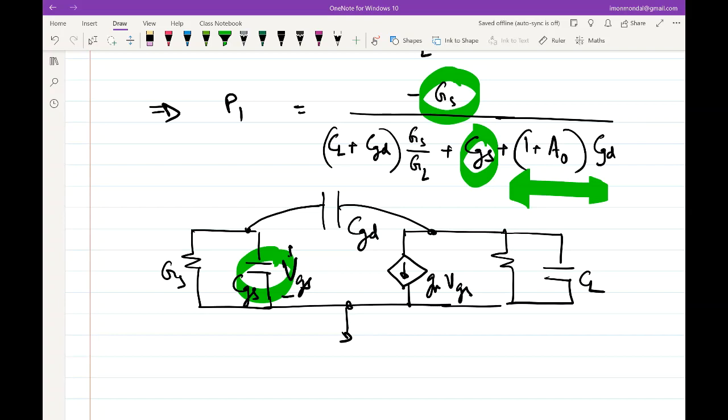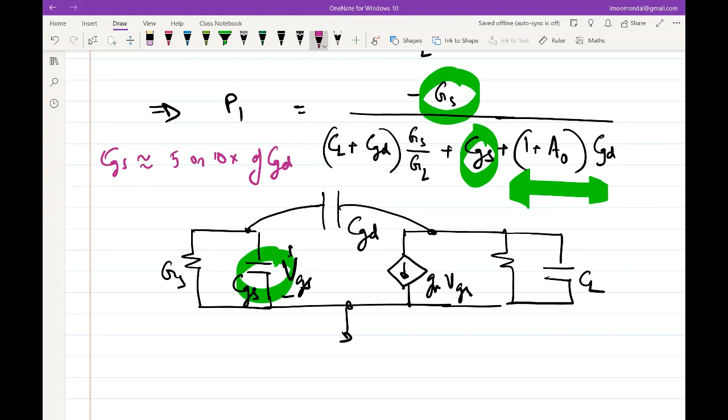And typically, CGD, as it turns out, and this is again information, CGD is sometimes of the order of CGS by 10. I should write it another way: CGS is typically of the order of 5 or 10x of CGD.